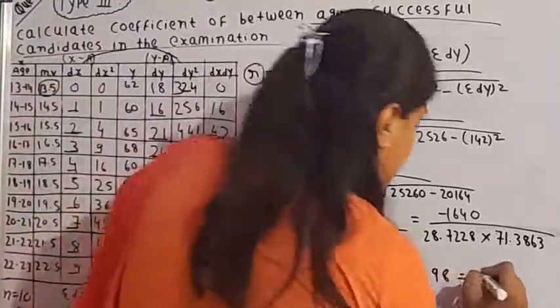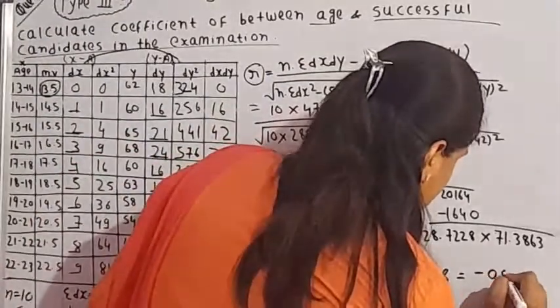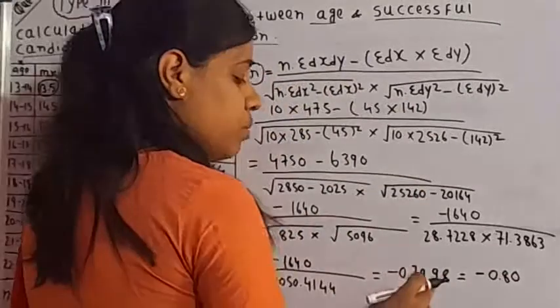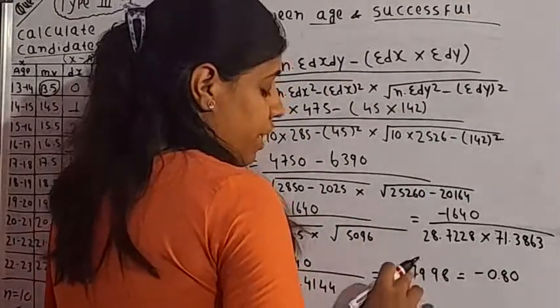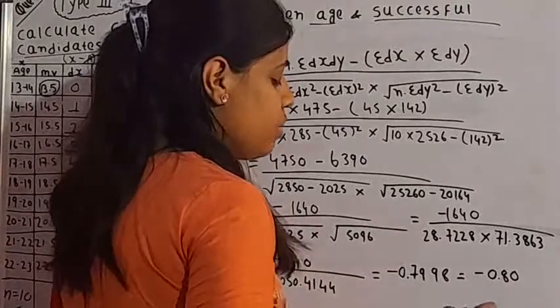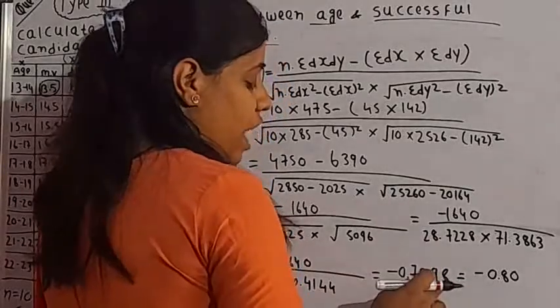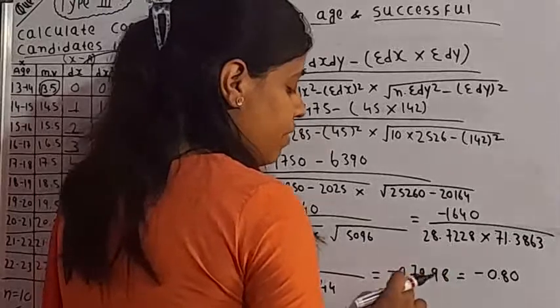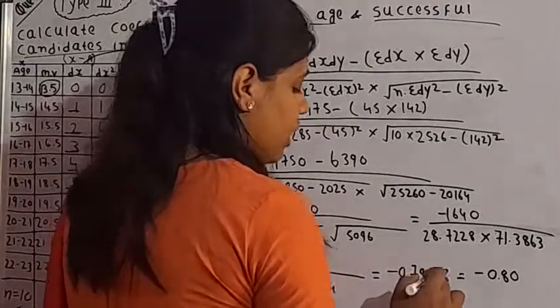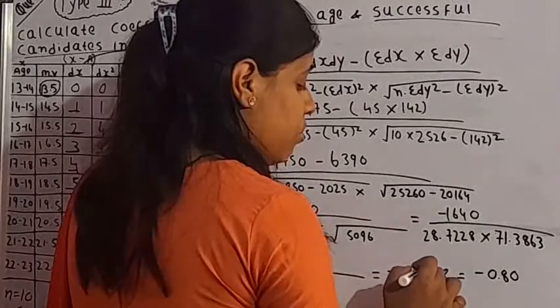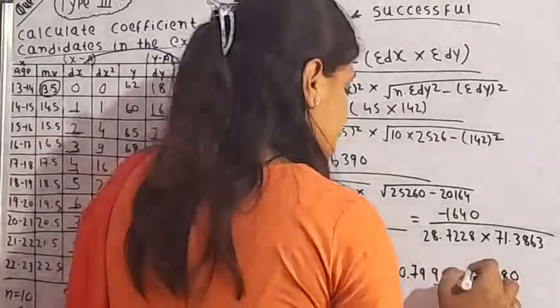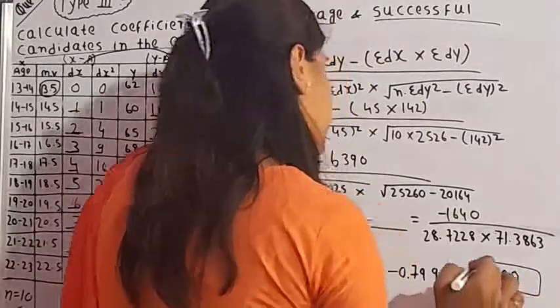So it will become minus 0.80. Why? Because we are rounding up the digit, and whenever there is a number bigger than 5, we have to add 1 to the previous number. So it's 9 which is bigger than 5. That is why we have added 1 to the 79 and it has become 80. Okay. So that is why the answer has come to minus 0.80.